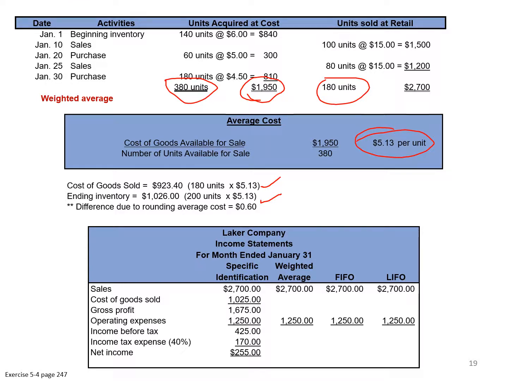So if we wanted to complete our income statement, we'd have 2,700 minus the 924, for a total gross profit of 1,776, less operating expenses. Income before tax of 526 times 40%, or $210.64 of tax expense. 526 of income before tax less the tax expense is 315.96 total net income.